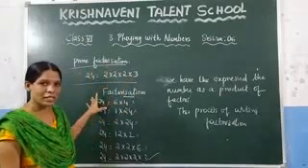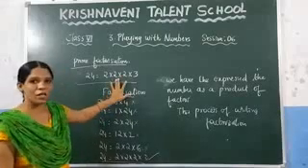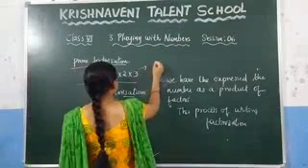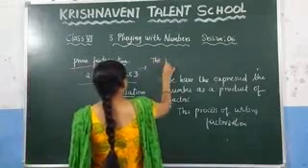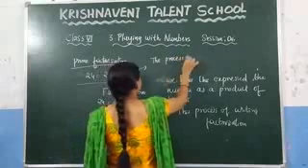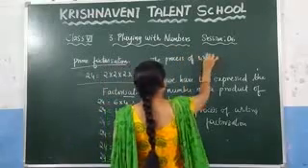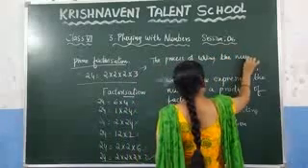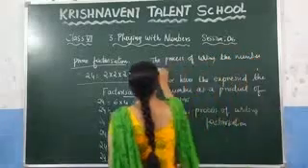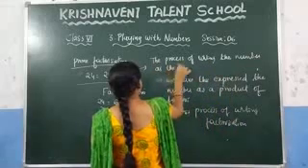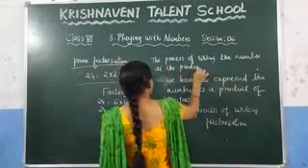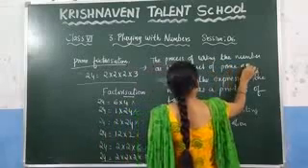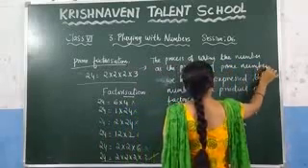The process of writing a number as a product of prime numbers is called prime factorization.